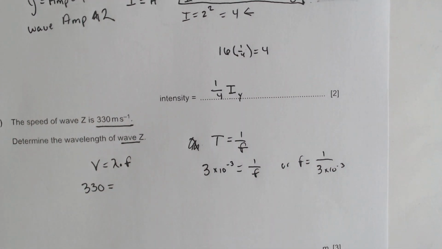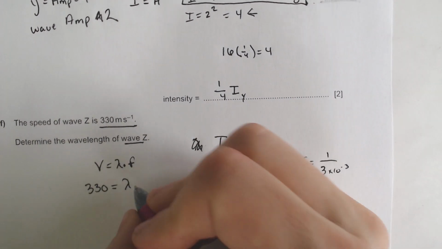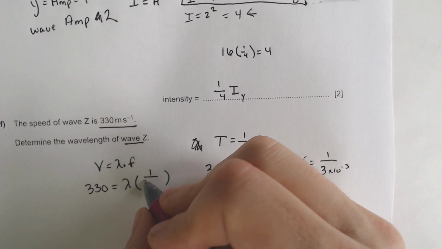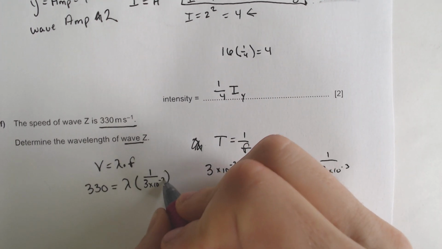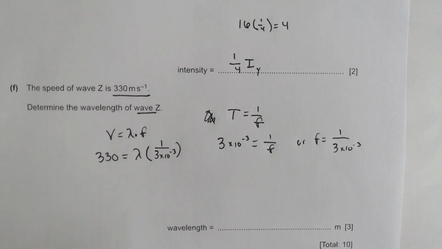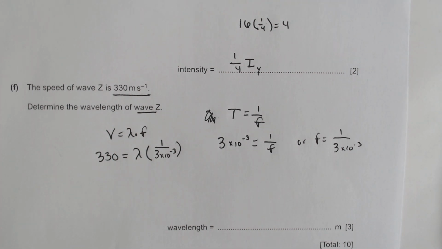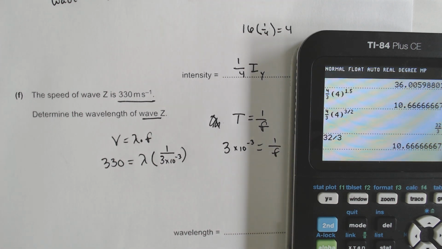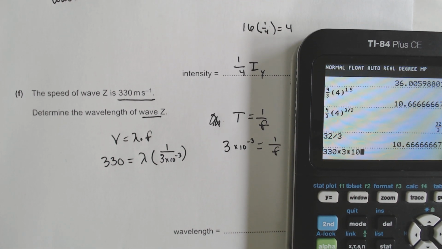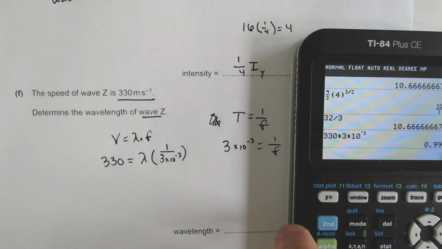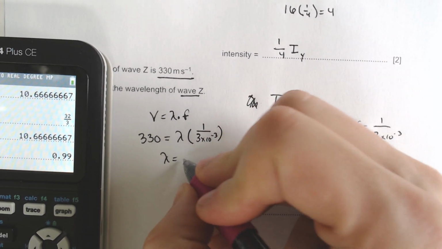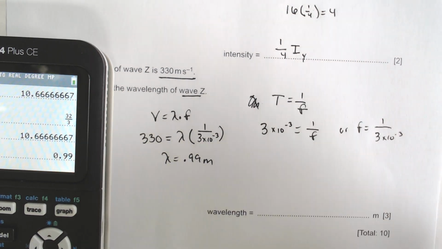Okay, well this is going to be pretty easy then. We could just put in our wavelength, and we can put in our 1 over 3 times 10 negative third there. You could also figure out what that is as a decimal first, but I highly recommend showing your steps no matter what. We're going to multiply by this to get it off the bottom of the fraction, so that's going to be 330 times 3 times 10 to the negative third. That would solve for the wavelength, and I got a wavelength of 0.99 meters.